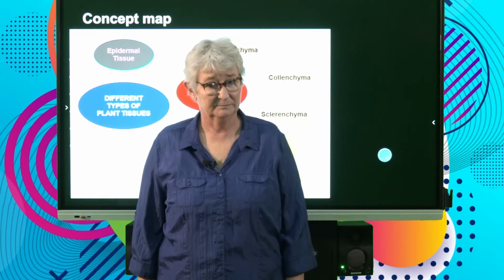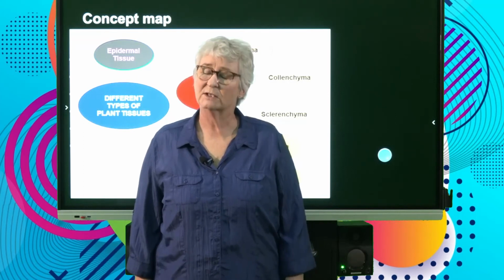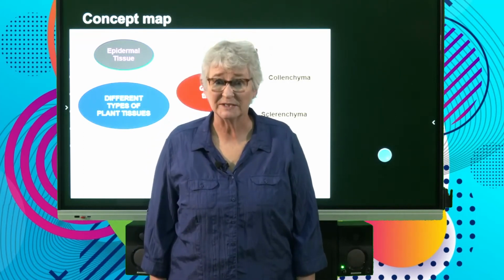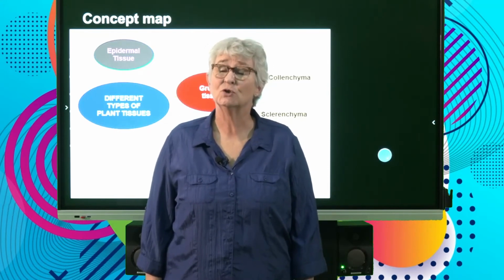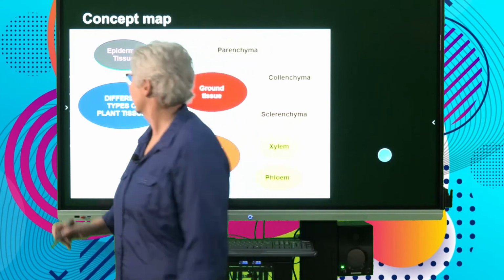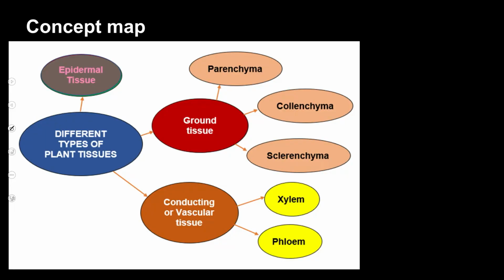Welcome back. We had started looking at the different types of tissues found in plants, and we had covered 2 of the important sections. For example, we had looked at epidermal tissue, and then we had looked at the ground tissue, the tissue that fills the space.